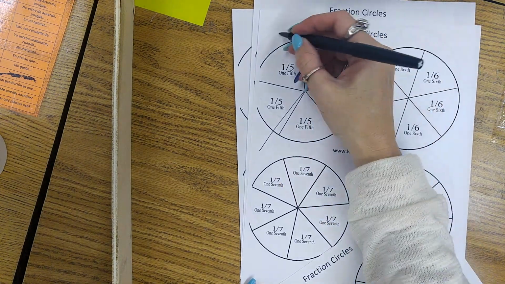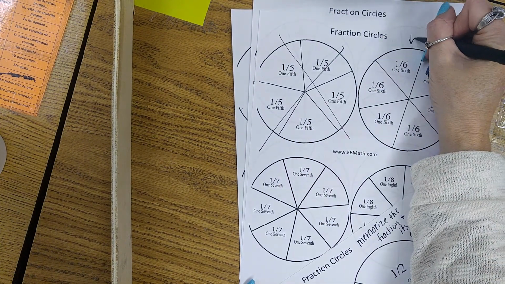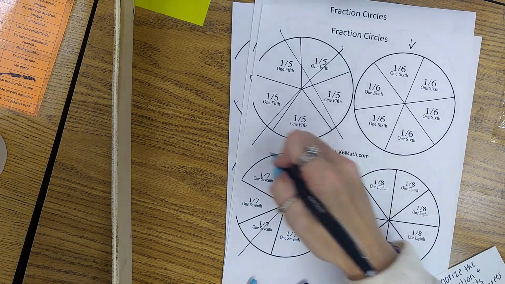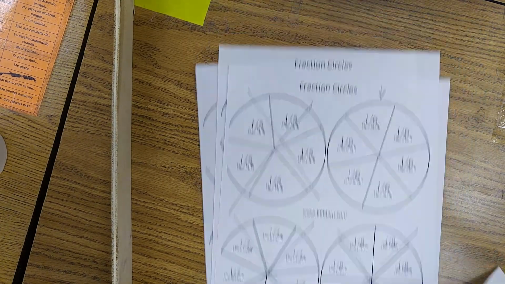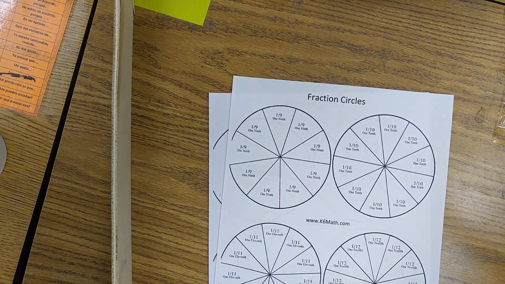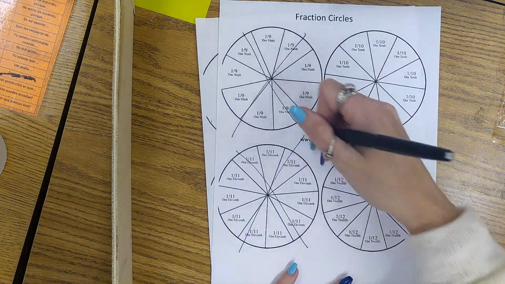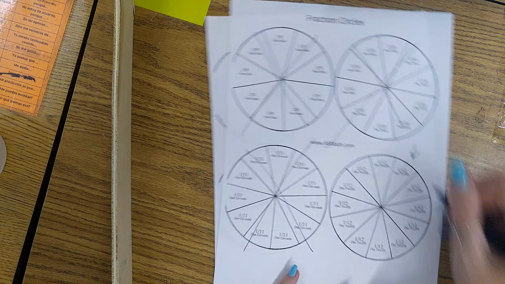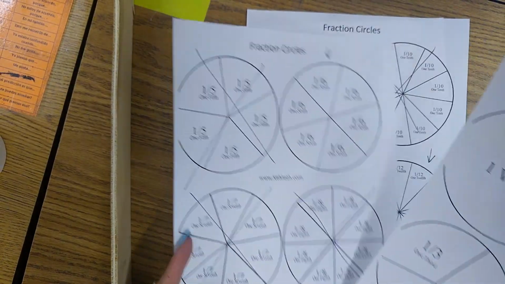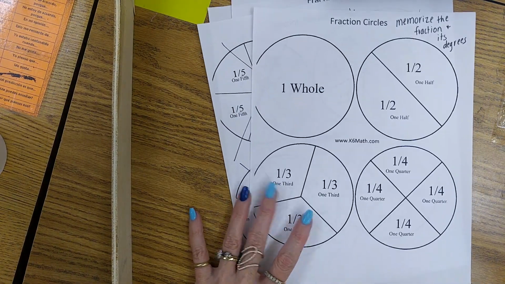Fifths is not a fourth grade standard. Sixths is a fourth grade standard. Sevenths and eighths aren't part of fourth grade standards. And the other one that they need to learn is twelfths. So I'll get rid of all of those. There are a total of six that they have to learn, and it is fairly easy.